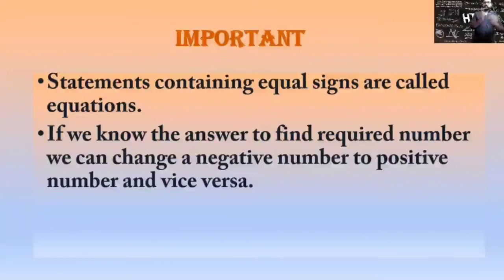It can be treated in both ways. That's why this question is given like this. So, like the previous statement, statements containing equal signs are called equations. This is also an important point.